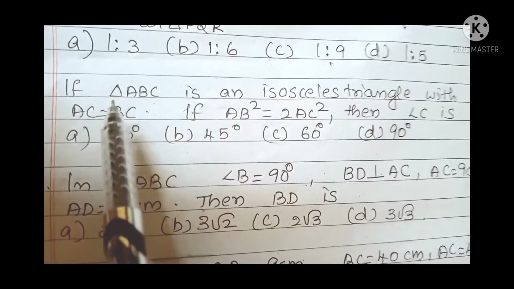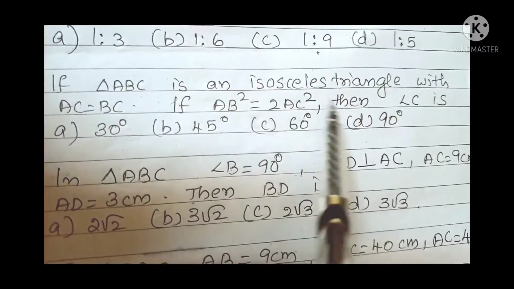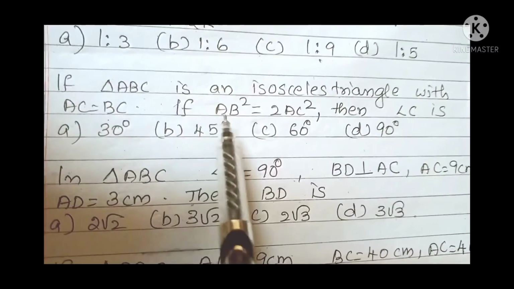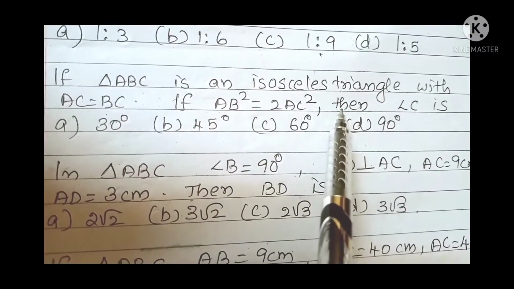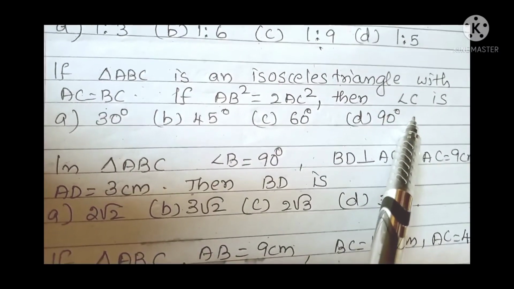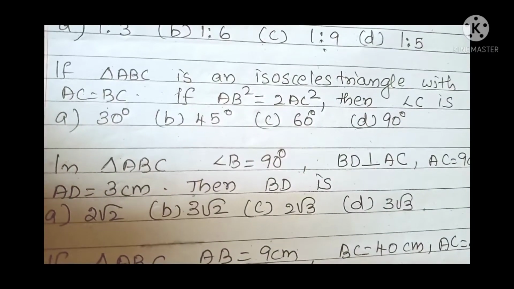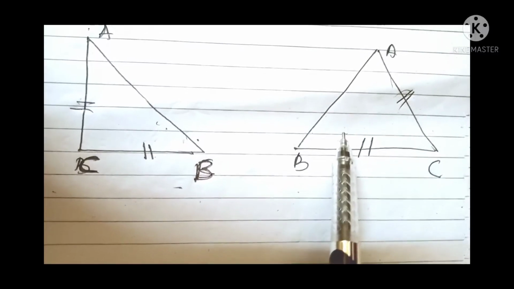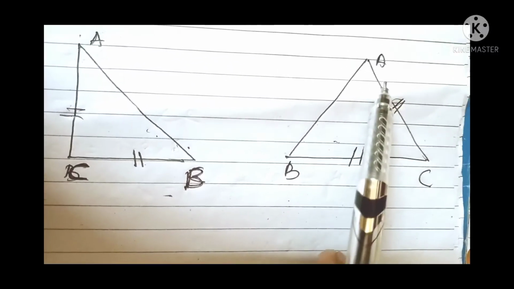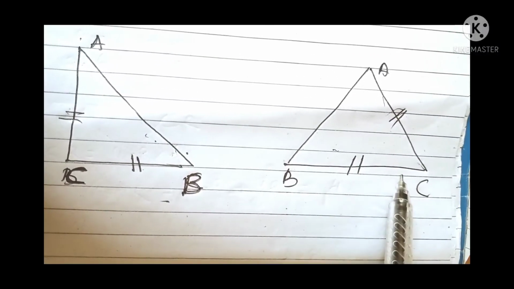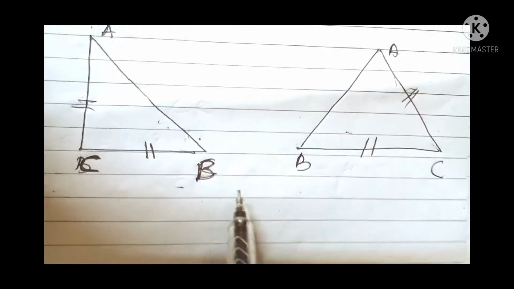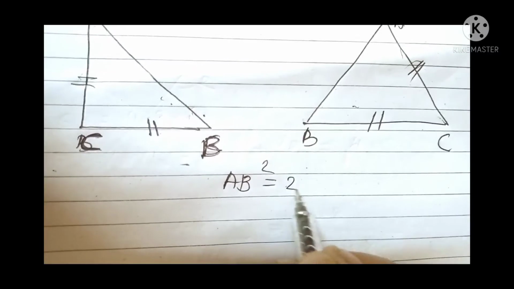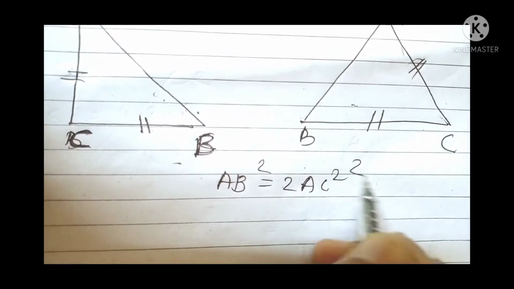Then next, triangle ABC is an isosceles triangle with AC equal to BC. If AB square is equal to 2AC square, we want to find the measure of angle C. So consider the triangles. It is given that AC and BC are equal, and AB square is equal to 2AC square.